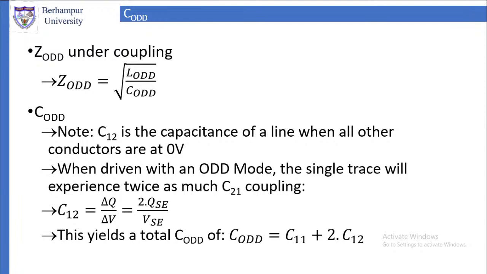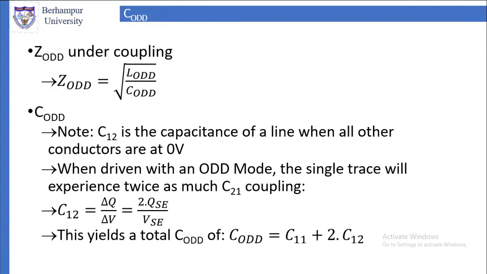Since C12 will be doubled, the total odd mode capacitance C odd is equal to C11, which is the self capacitance, plus twice the mutual capacitance. So C11 plus 2 C12. It is in the odd mode.